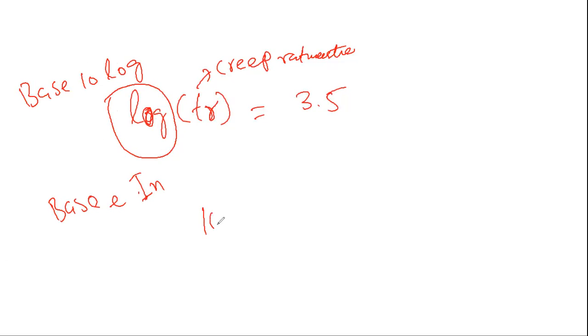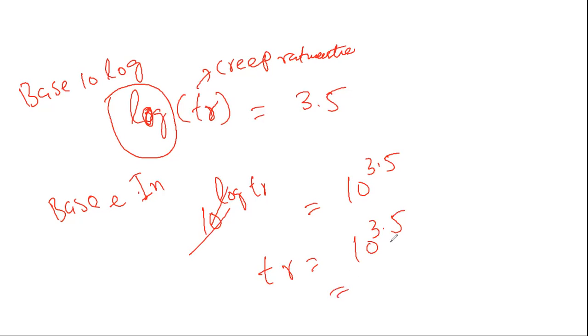So if I take the 10 power to both sides, log of TR is equal to 3.5 becomes 10 power 3.5, right? So log base 10 and 10 power would cancel, right? So TR is equal to 10 power 3.5. So how much is it now? Okay, 10 power 3.5 is... wait.